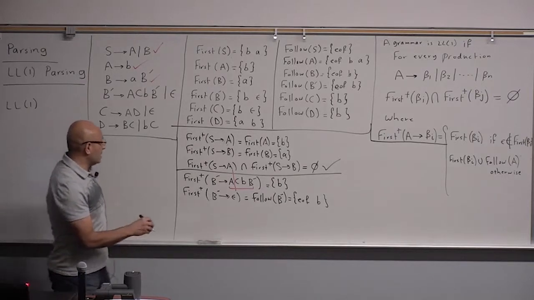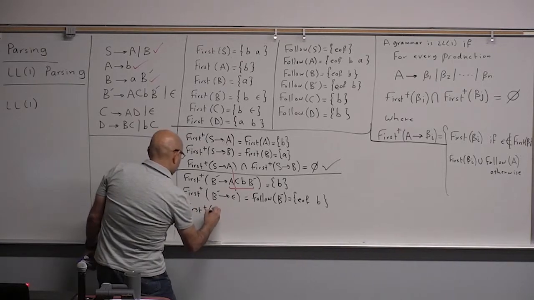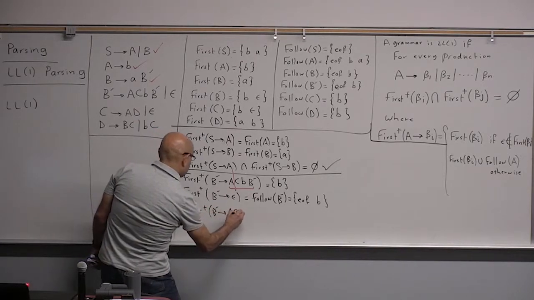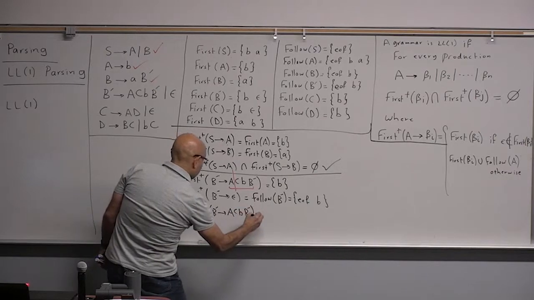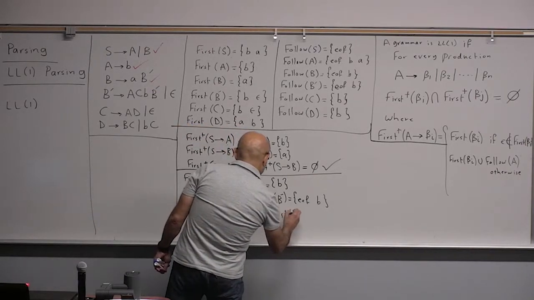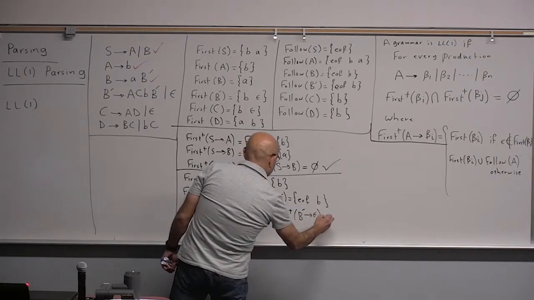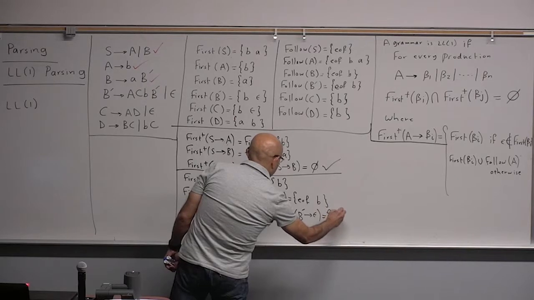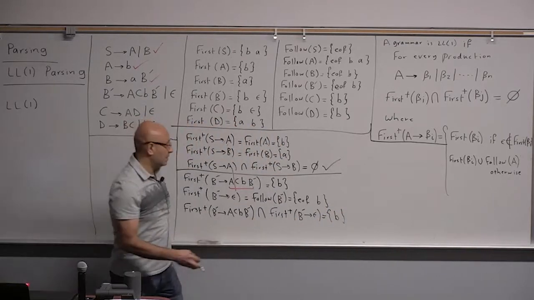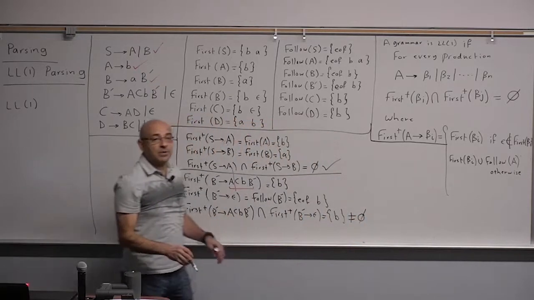Now what's the intersection of the two? First plus of B prime A C B prime intersected with first plus of B prime epsilon is going to be B. So this is not equal to phi, and we can stop here.